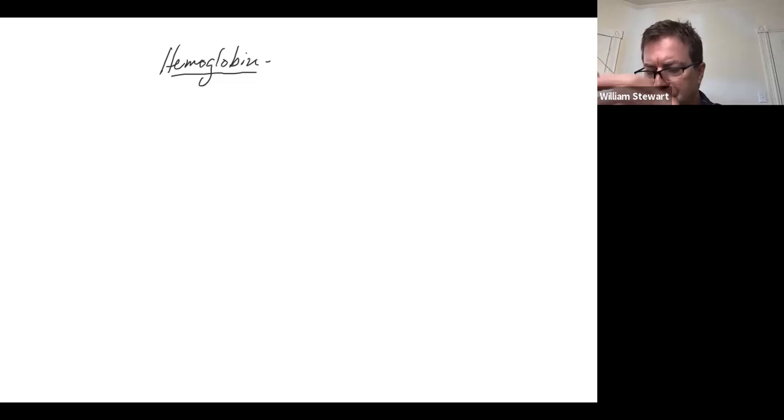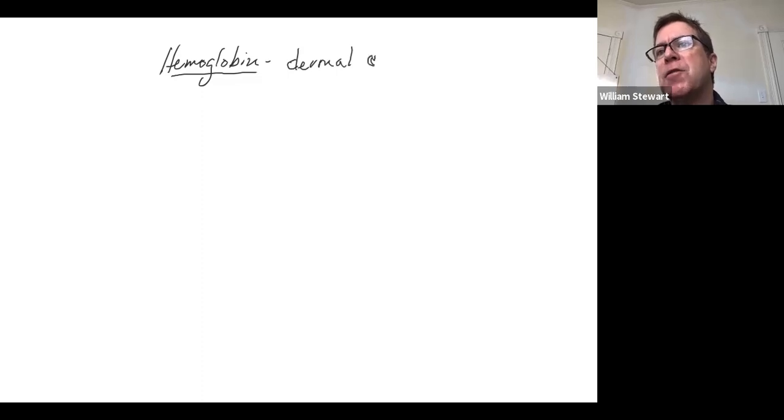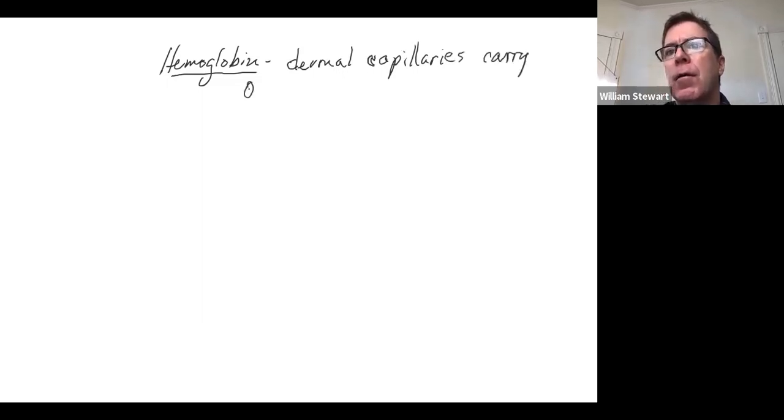So we find hemoglobin everywhere that we find blood. It's carrying oxygen, but particularly in relationship to skin color, dermal capillaries, that just means small blood vessels in the dermis, carry O2-rich blood.